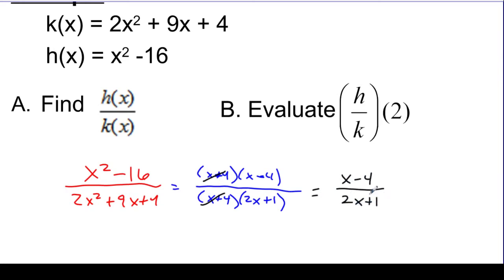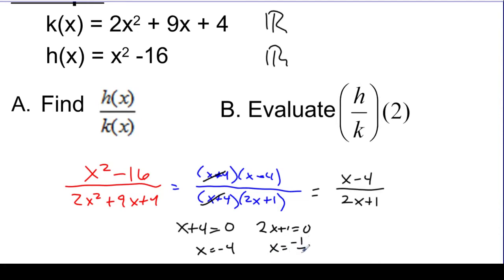But let's not forget that we have some domain restrictions. The original squared functions don't contribute anything. They are all real numbers. However, right here, this x plus 4 factor cannot be 0. So let's find out what makes it 0. Well, negative 4 makes this one 0. 2x plus 1 would also make a 0, so let's find out what makes that 0.